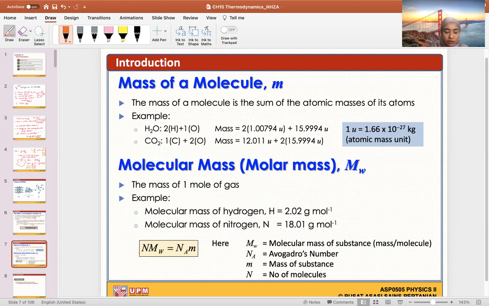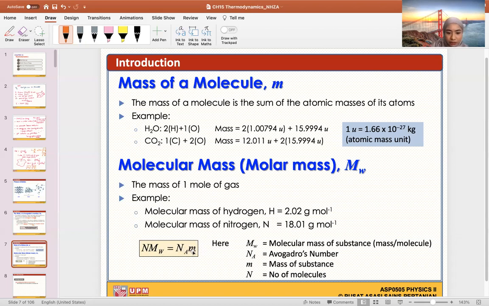But here you need to know this one. Capital N is the number of molecules. Capital M is the molar mass, the molecular mass of the substance, mass per mole. Avogadro number times mass is the molar weight.